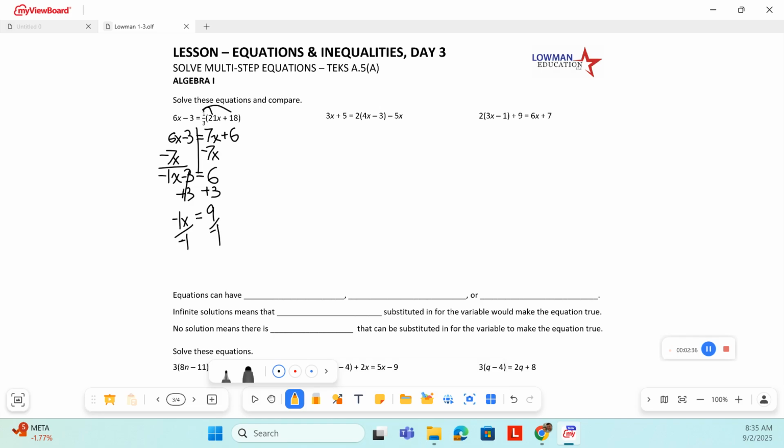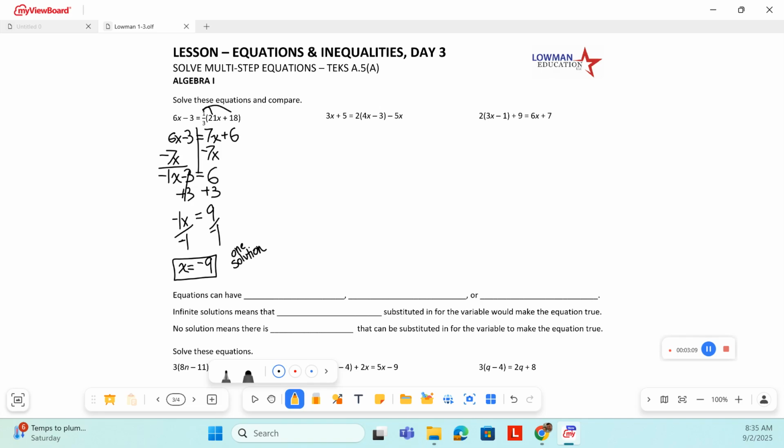Okay, and so what I end up with is x equals negative 9. So that's our answer there. We get one solution to our problem. And so that means that I can put in a negative 9 for x when I check it here, and that's the only number in the whole world that'll work for that.